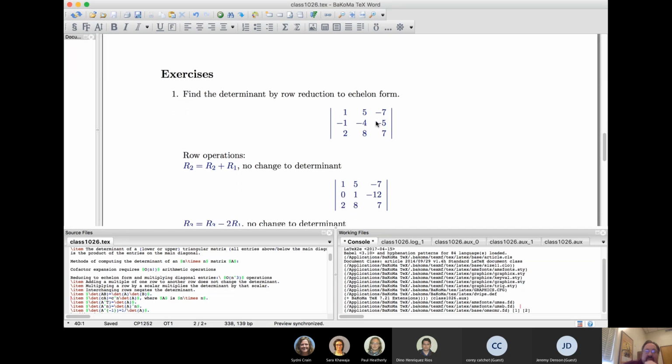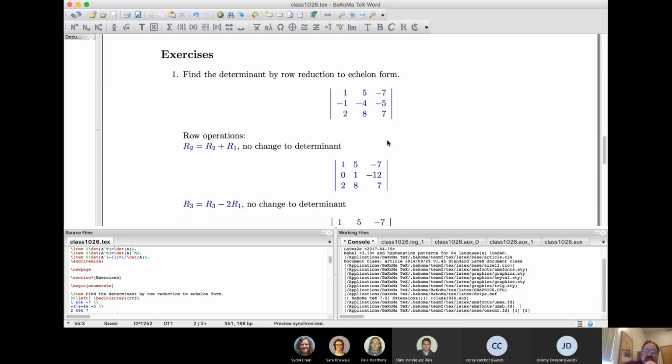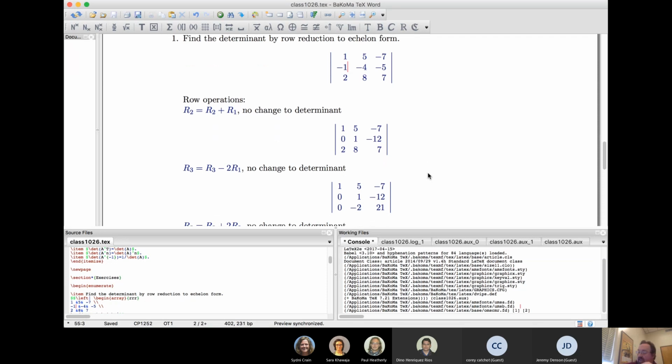So if I do the customary row operations, for instance, I eliminate this entry by adding the first two rows together, that will not change the determinant. So in other words, the determinant of this matrix that's simpler is equal to the determinant of the original. So then I keep going.